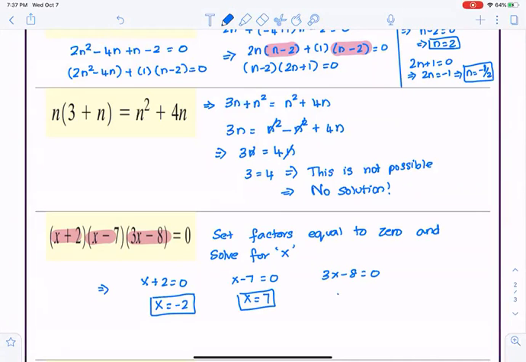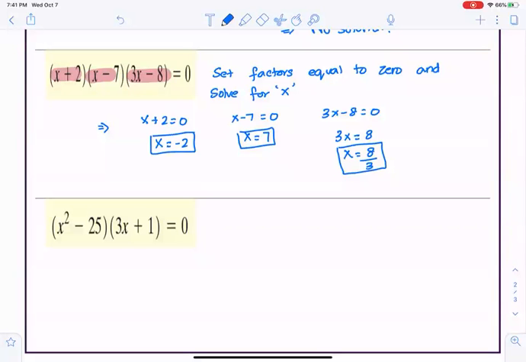Move the 8 to the other side, we have 3x equals 8. Divide by 3 on both sides, x is equal to 8 over 3. And if we have a third degree polynomial, we would have 3 solutions. So typically, the number of factors would equal the number of solutions.